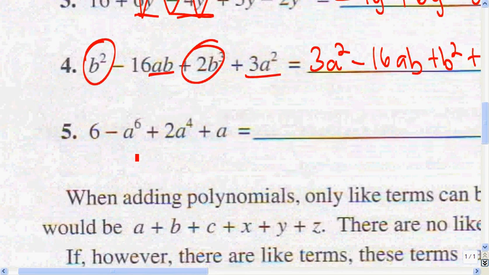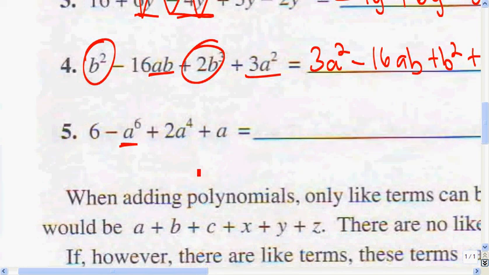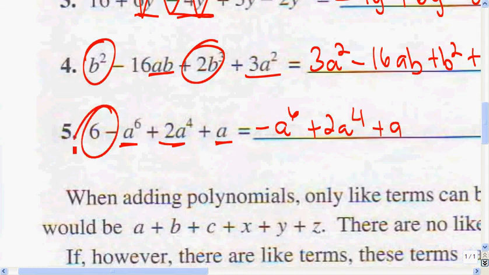Okay. Start with the larger exponent, alphabetical, so a to the sixth, then positive 2a to the fourth, then positive a, and then the number with no variable. That always goes last, okay?